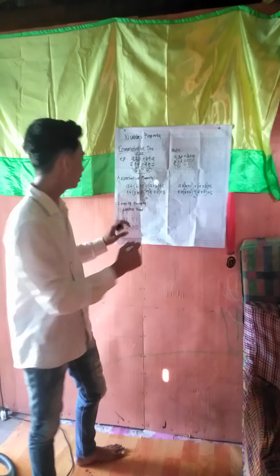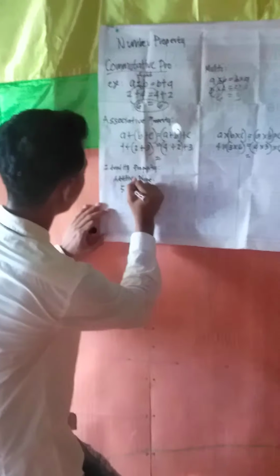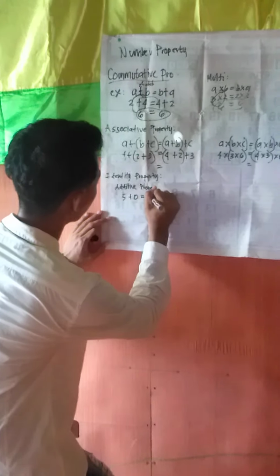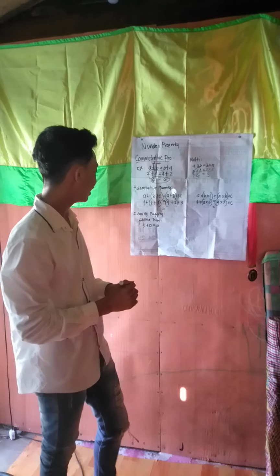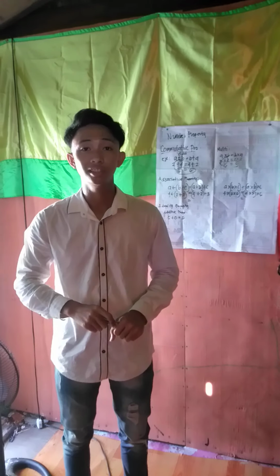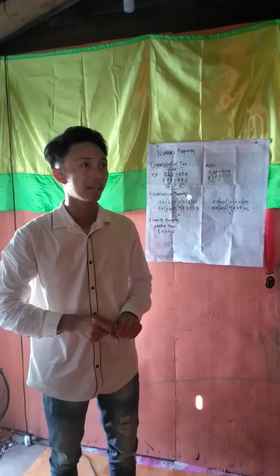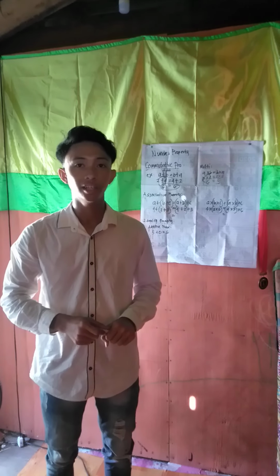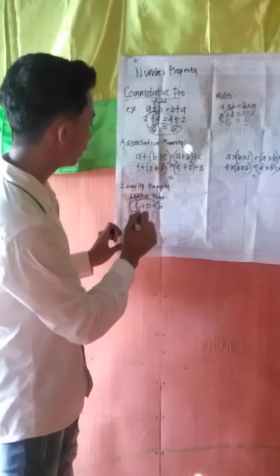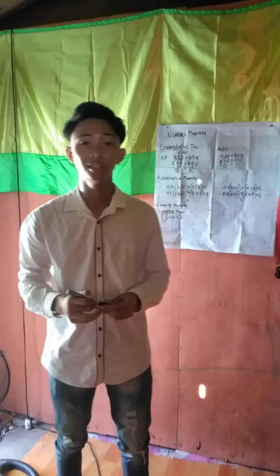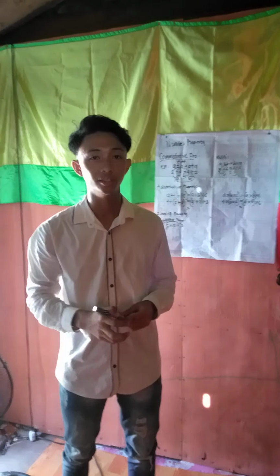For example, 5 plus 0 equals 5. The additive identity is 0, as adding 0 to any number gives the sum as the number itself. Take note that the additive identity is also called the zero property of addition.